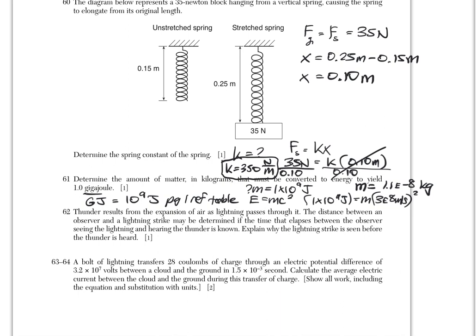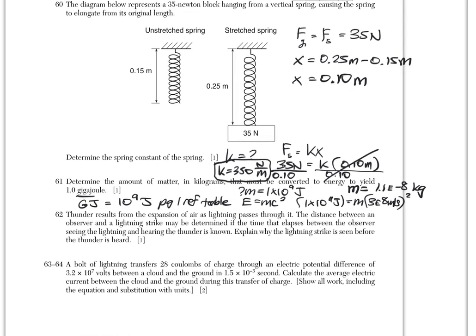All right, we have 62, the difference between thunder and lightning. This question is a little wordy, but don't overthink it. Thunder is sound, and the lightning is seen. Lightning is seen, and then thunder is heard. So seen is light, and heard is sound. Speed of light is 300 million meters per second.